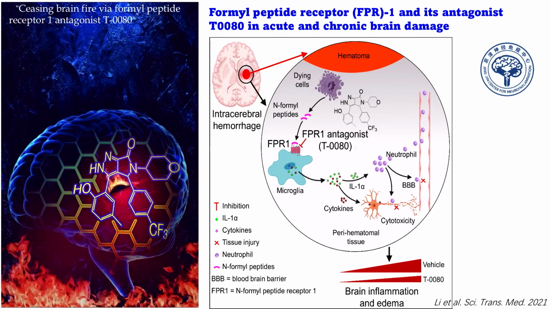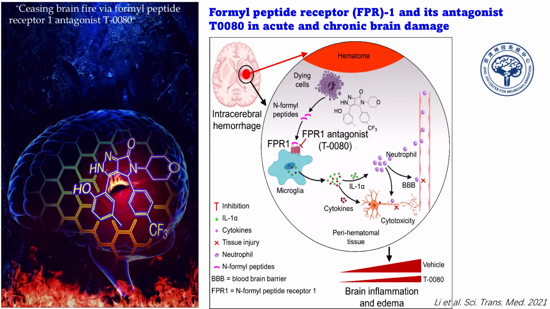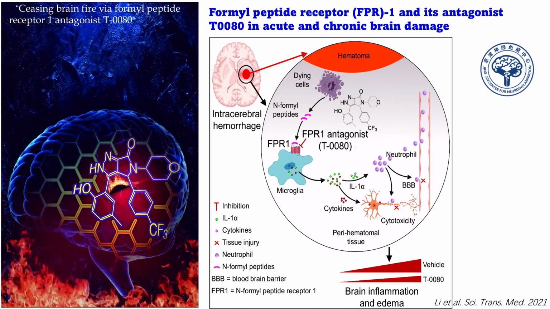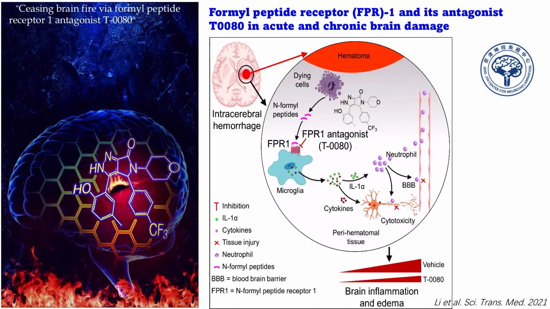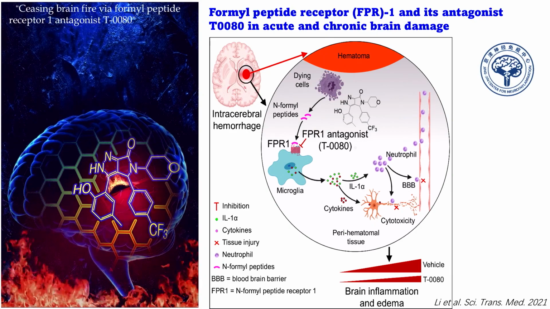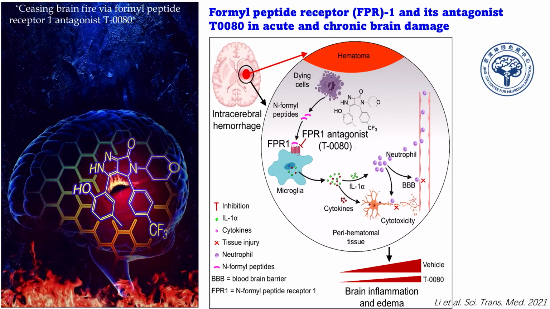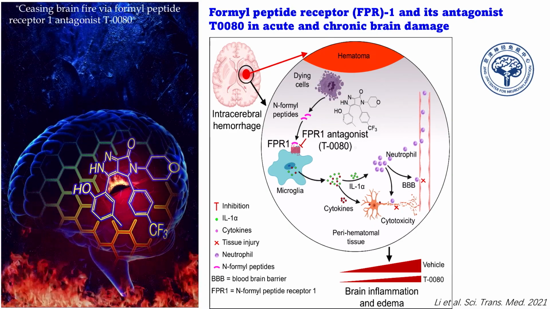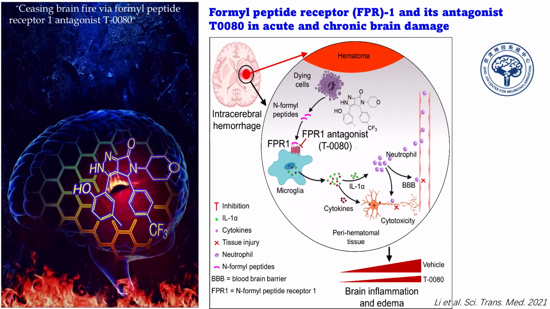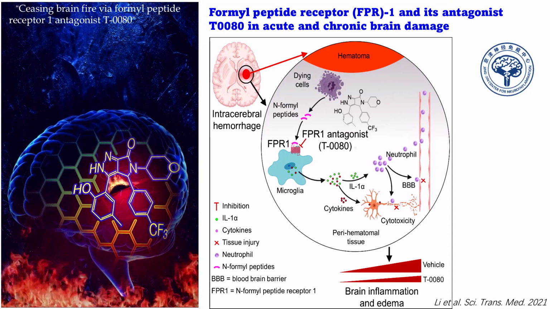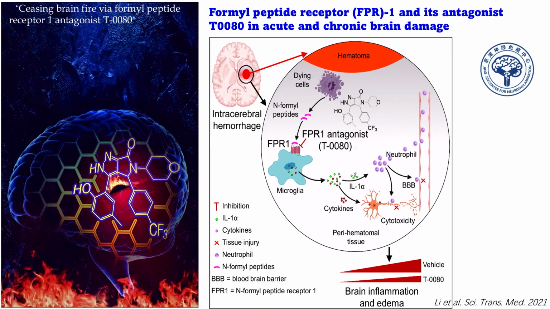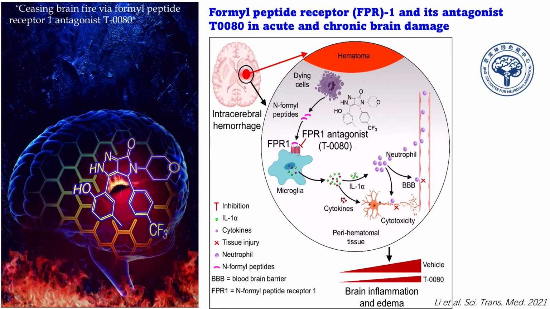By doing so, we got the tissue that's surrounding the hematoma. The RNA sequencing allowed us to pull this formyl peptide receptor out, and we think that's a major driving force attracting neutrophils, and probably IL-23 as well.